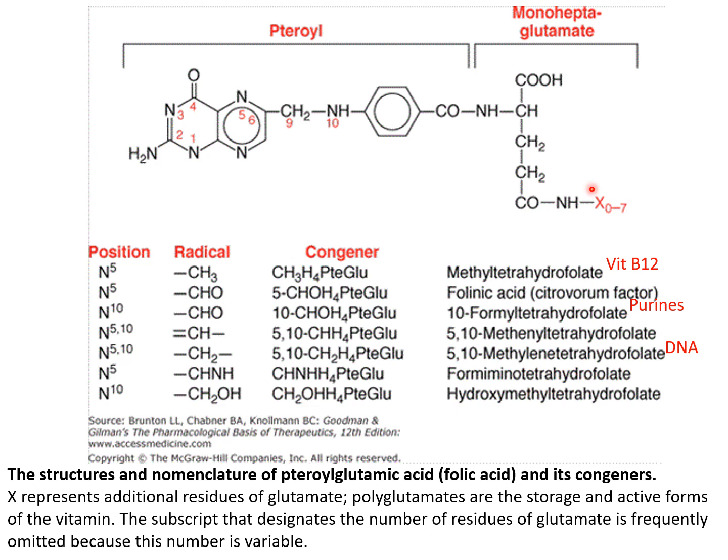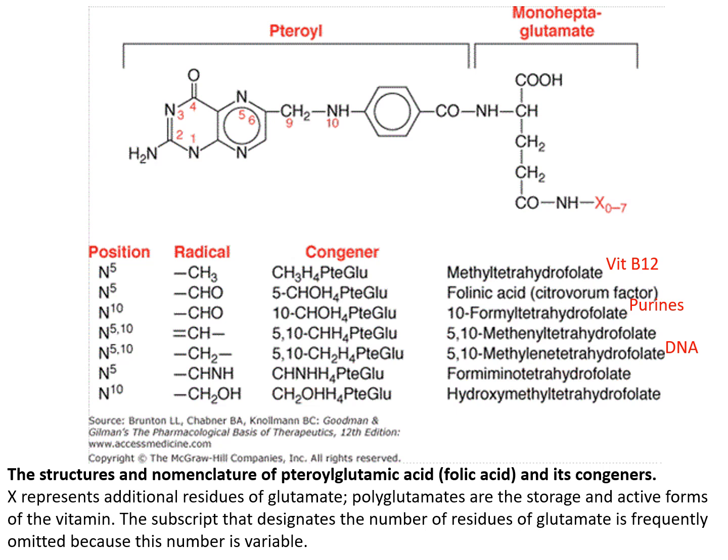And here is where multiple glutamyl groups can be added to form the polyglutamyl forms. So if you remember, methyl tetrahydrofolate is the one which is important for the formation of methyl vitamin B12. In contrast, 5,10-methylene tetrahydrofolate is the one which is important for the synthesis of DNA and is the cause of megaloblastic anemia when it is deficient.